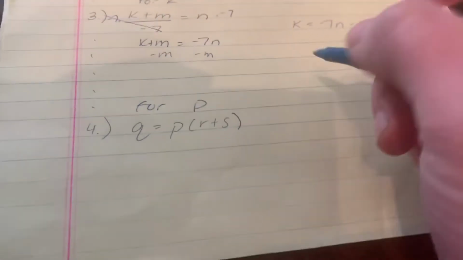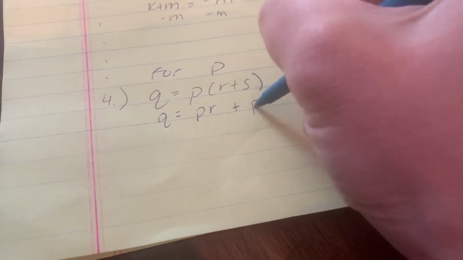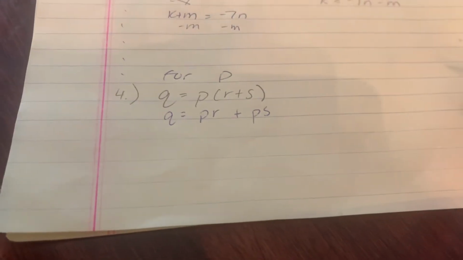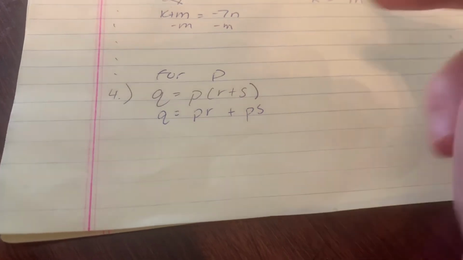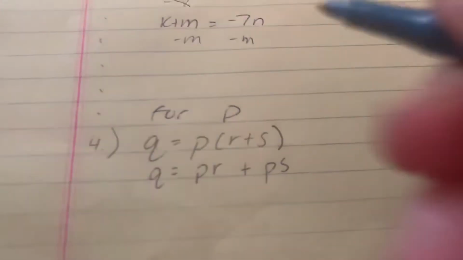Next is p. People have the tendency to distribute. You can, you don't have to. So let's distribute to free up the others. Okay, but you're going to see, well, now I have p in 2 spots. So you're just going to have to go back to what you had. We're going to have to factor it back out.